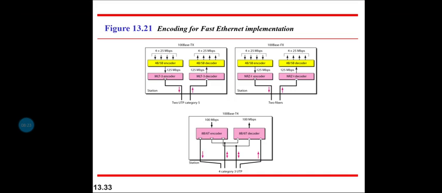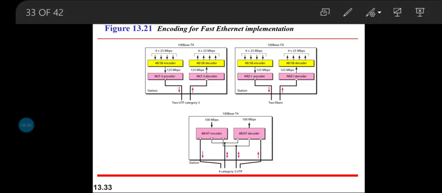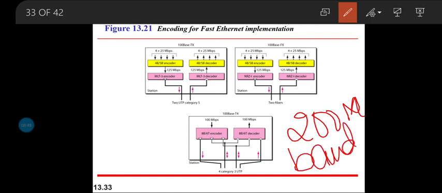Then moving on to the encoding process used in the implementation of fast Ethernet, we make use of Manchester encoding, which needs a 200 mega baud rate bandwidth for a data rate of 100 Mbps.